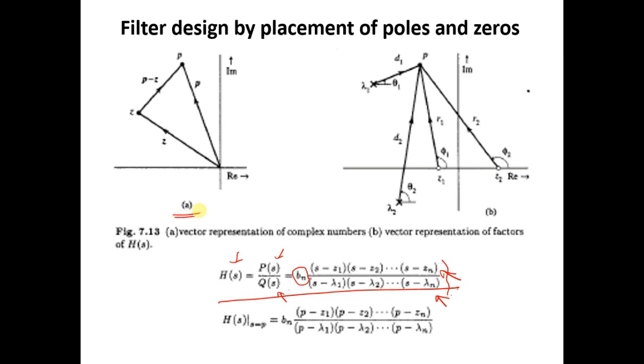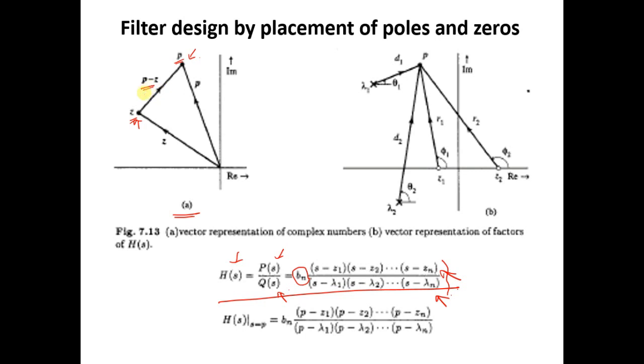what happens over here? We all know about vector representation. Suppose there are 2 points given in a complex plane. One point is z and the other point is p, and there is a vector which starts from z and ends at p. Then that vector is regarded as p minus z.